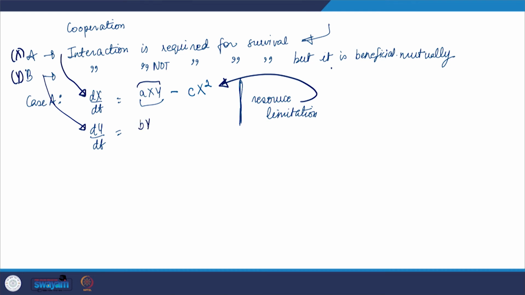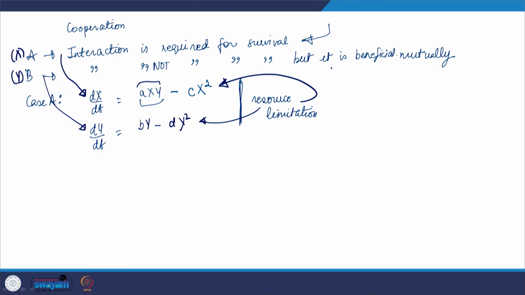So this resembles more closely the logistic growth model that we had. Of course, Y will also undergo resource limitation, so we are going to add a resource limitation term, minus dy square.